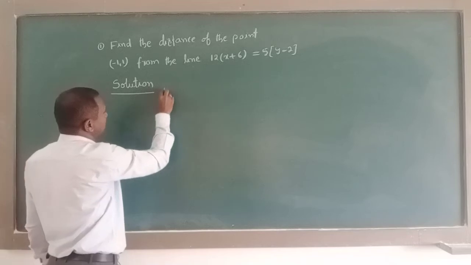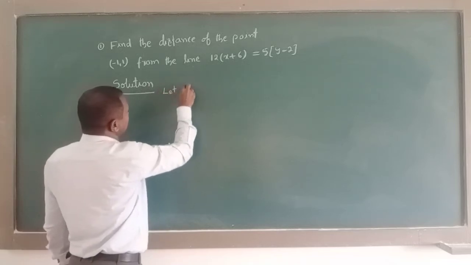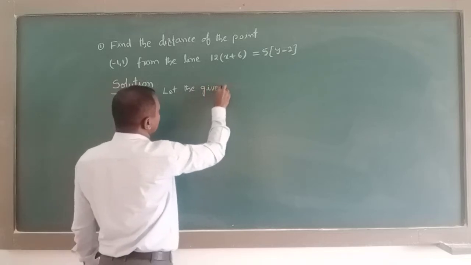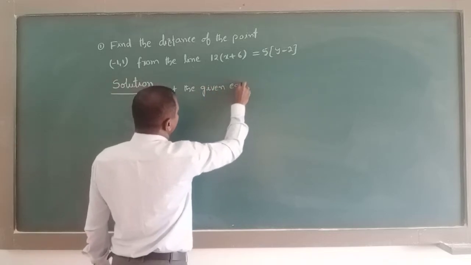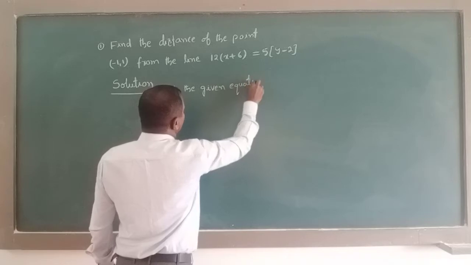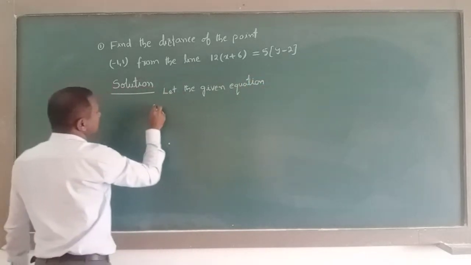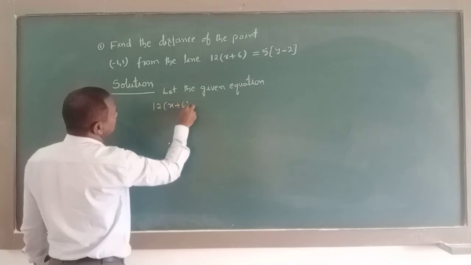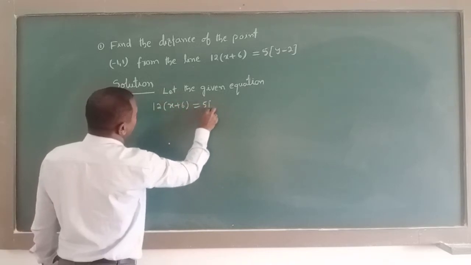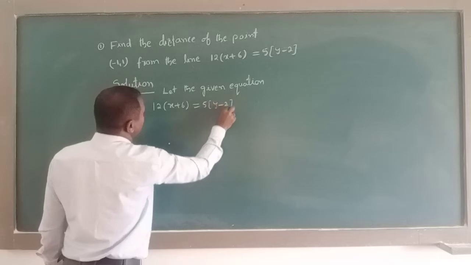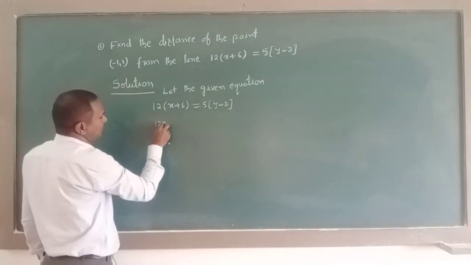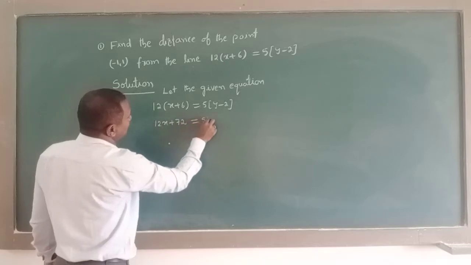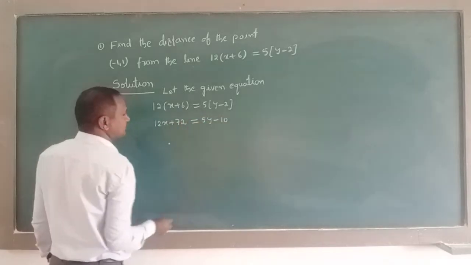Let the given equation be 12 of x plus 6 is equal to 5 of y minus 2. 12x plus 72 is equal to 5y minus 10.